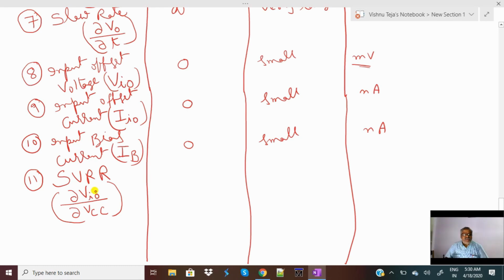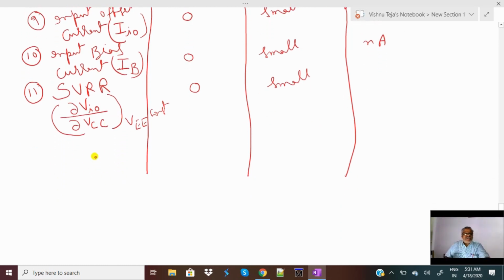So change in VIO, input offset voltage, divided by change in VCC, plus VCC. While measuring this, the other supply voltage VEE should be maintained constant, and its ideal value should be 0 and practical value should be as small as possible.